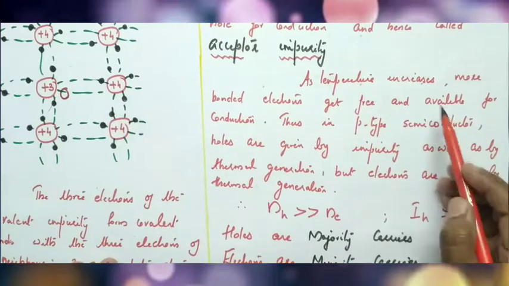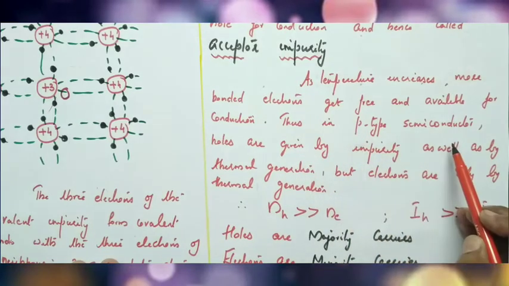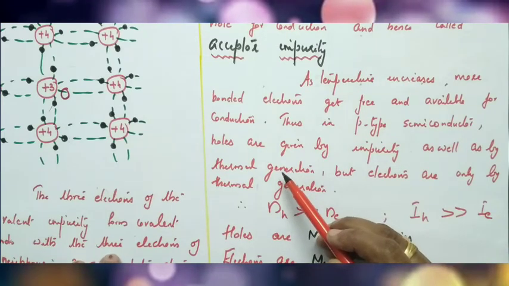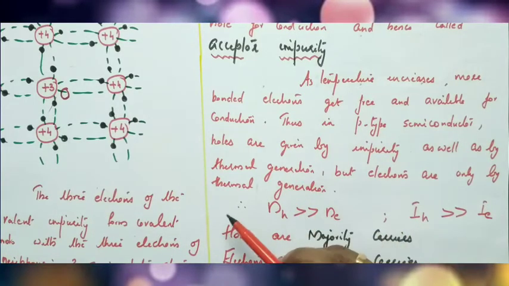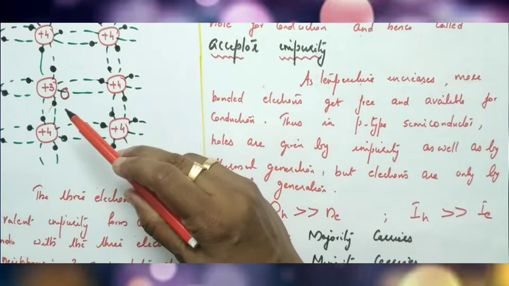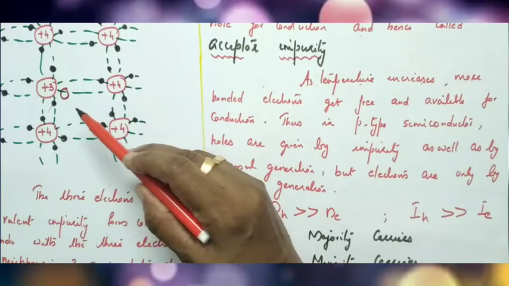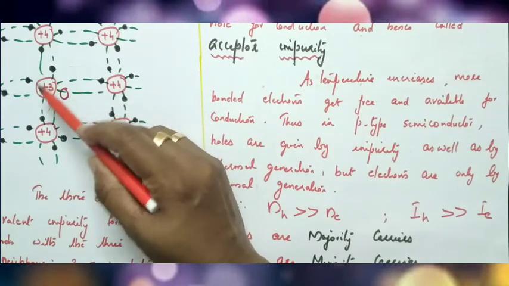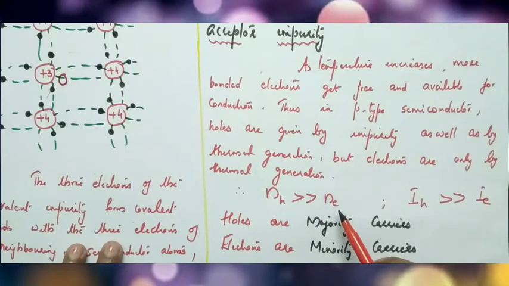So as temperature increases, more bonded electrons get free and are available for conduction. Thus in a p-type semiconductor, holes are given by the impurity and also produced by thermal generation. But electrons are produced only by thermal generation, when the temperature increases. Holes are produced by thermal generation as well as given by the impurity, and hence the number of holes is much greater than the number of electrons.